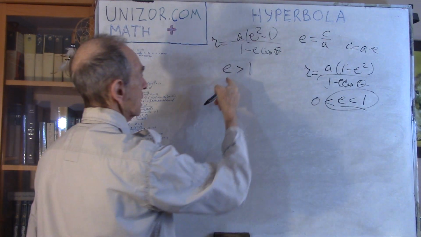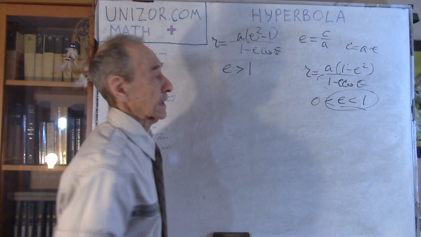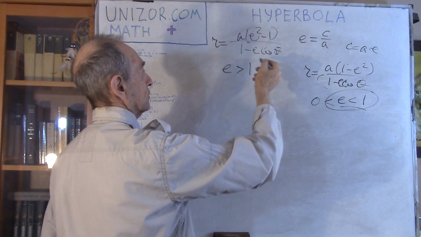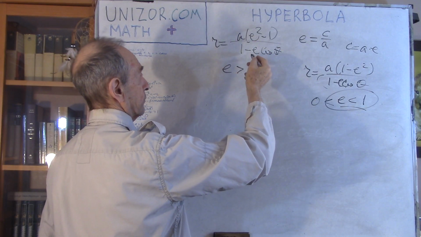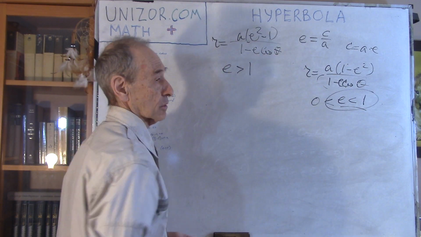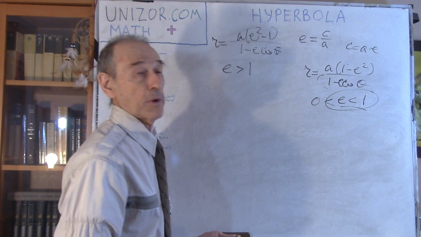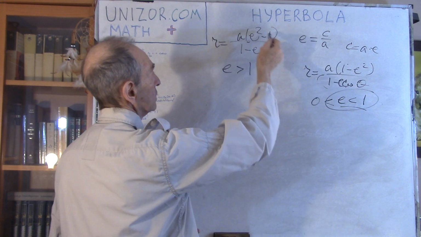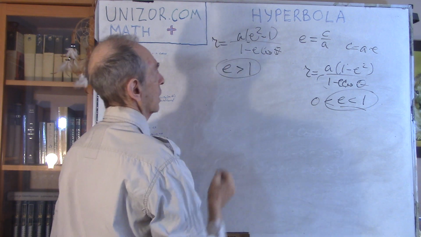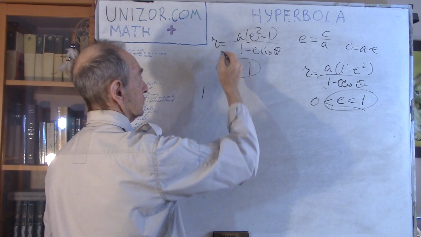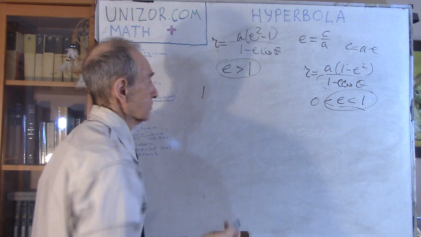Now, in this case, situation is much more complex because there are certain angles theta for which the denominator would be negative, and there are certain theta where it will be positive. Numerator is always positive. So our condition for existence is that r is supposed to be positive, right?